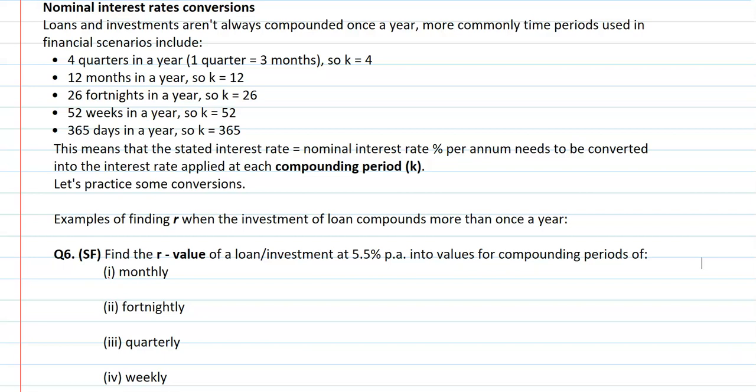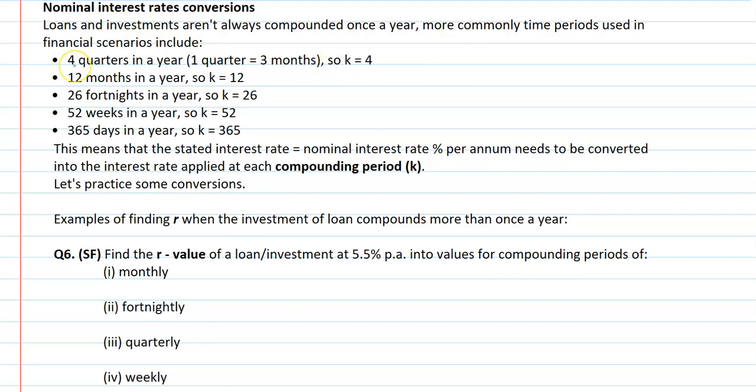So you need to take into account how many times the loan or investment gets hit with interest, or the interest is applied over the year. So you have to consider what we call the K value, or compounding period.